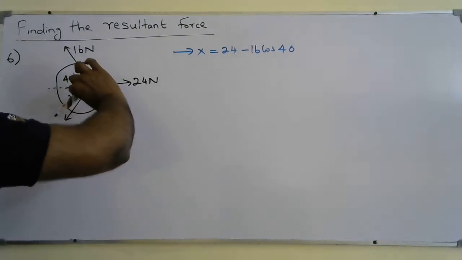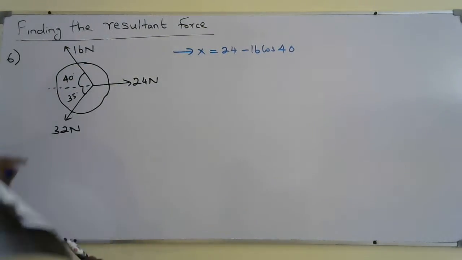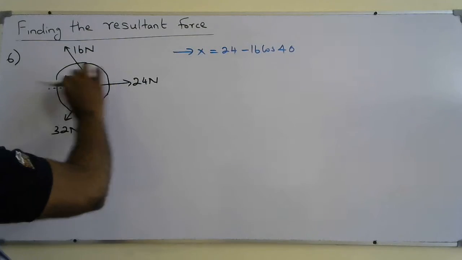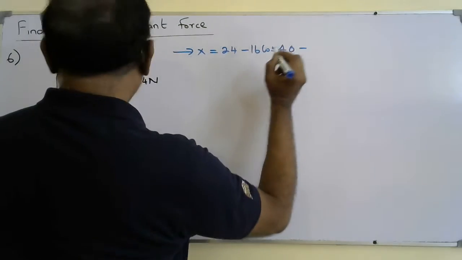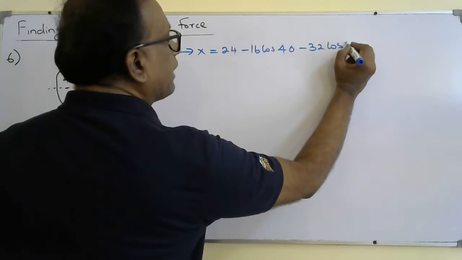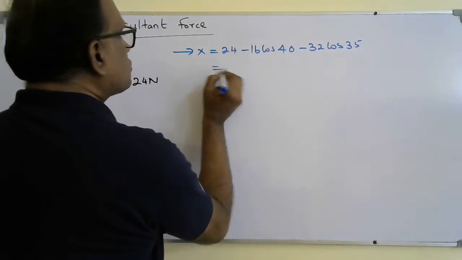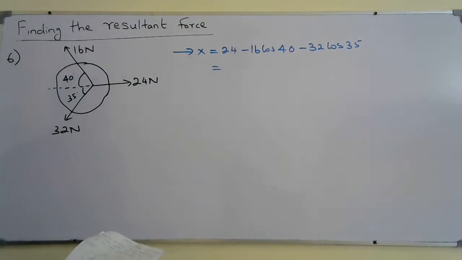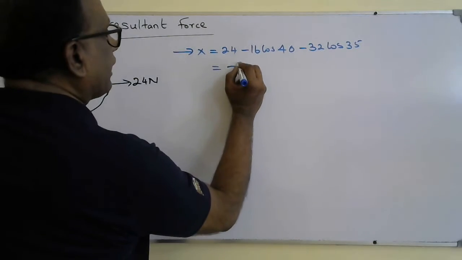Same way, if I resolve this horizontally, I should close it through 35 degree. It will point to the left. So minus 32 cos 35. So when I resolve it, the total horizontal force will be minus 14.5.